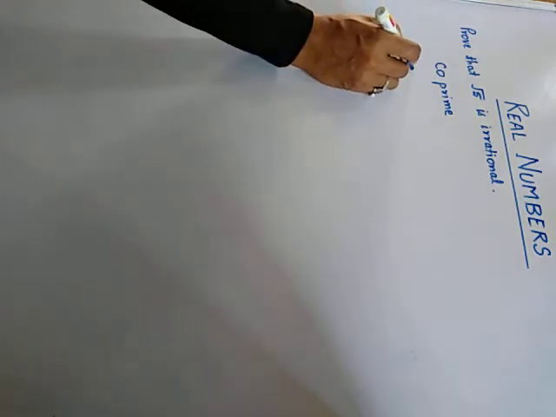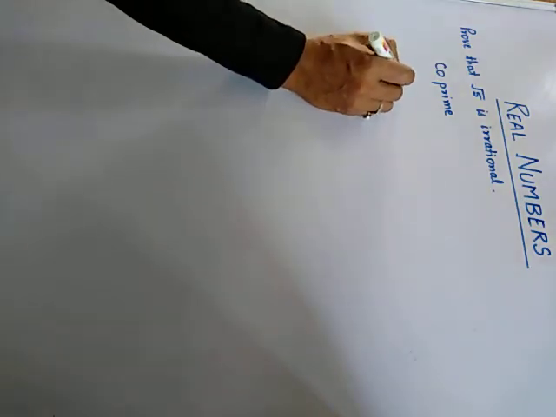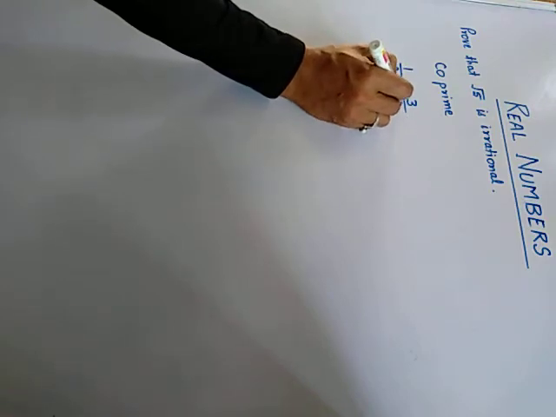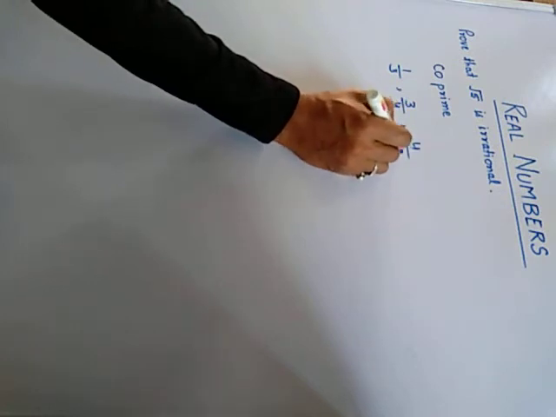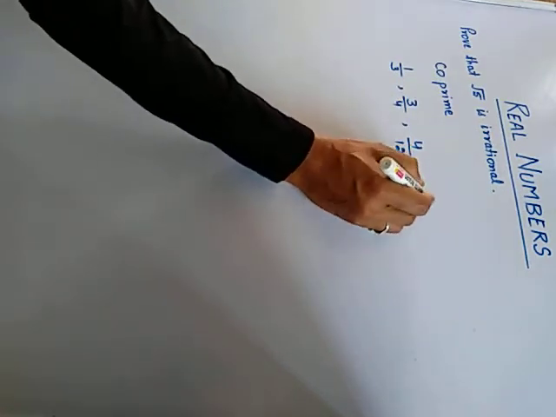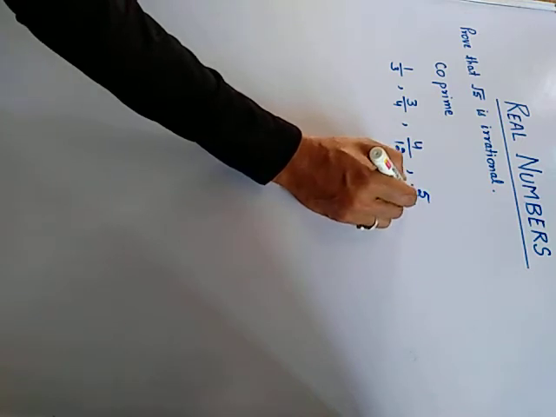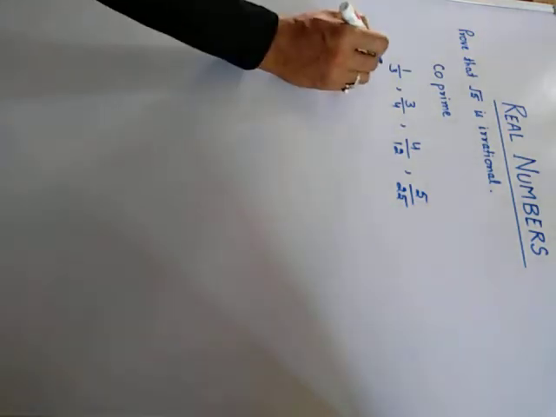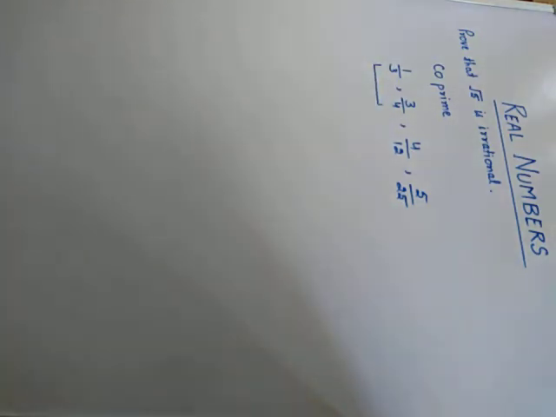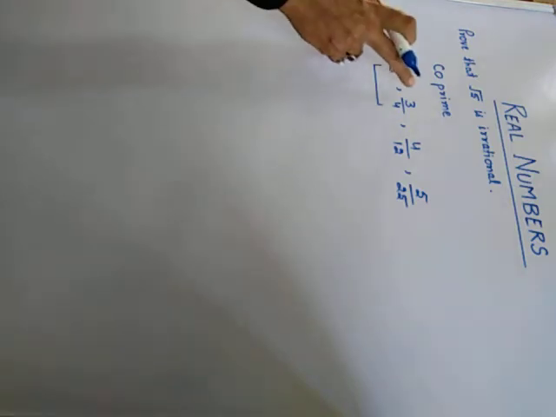All of you know about rational numbers or fractions. 1 upon 3, 3 upon 4, 4 upon 12, 5 upon 25. These all are rational numbers. But in the first two examples, you can see there is no other common factor except 1.